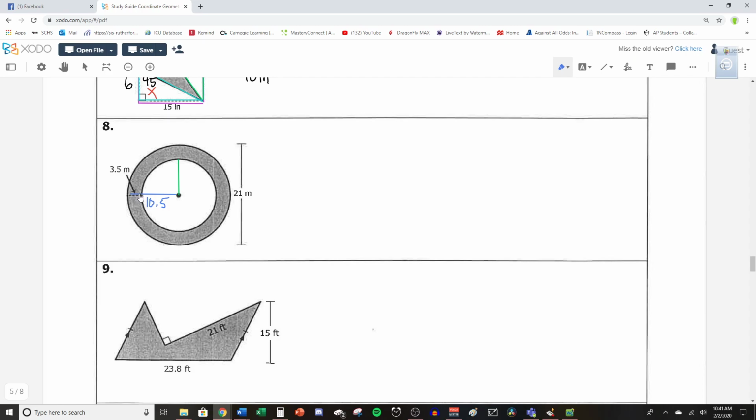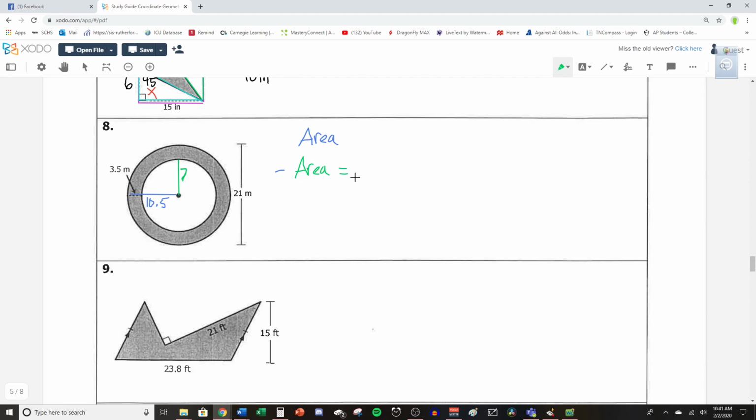Now I know that the distance from here to here will be this green line, that radius. Well, that's 10.5 minus this 3.5, which is going to get us 7. So I need to find the area of the blue circle, and I need to subtract it by the area of the green circle.